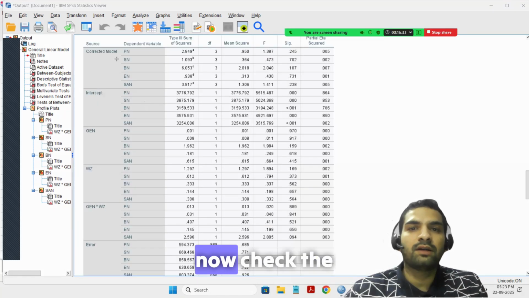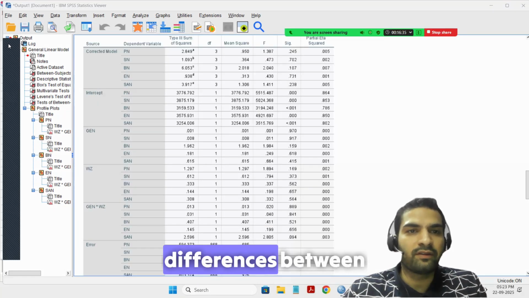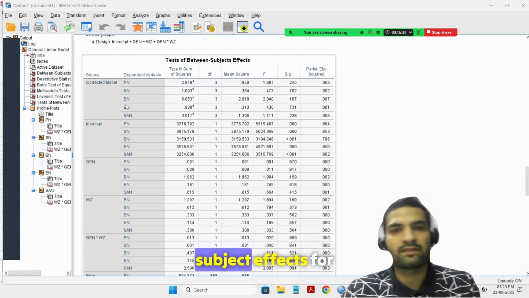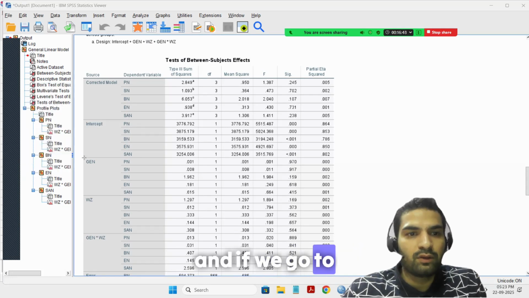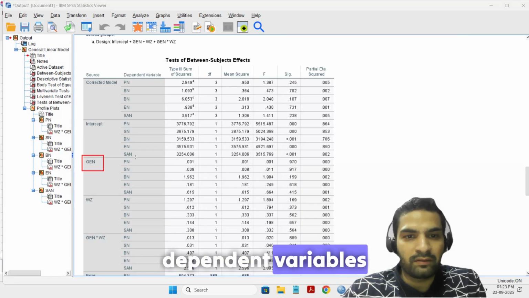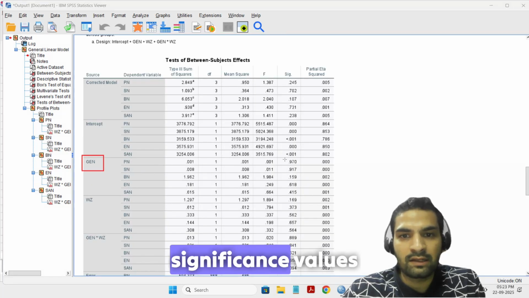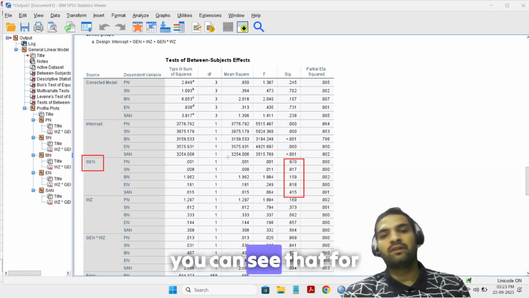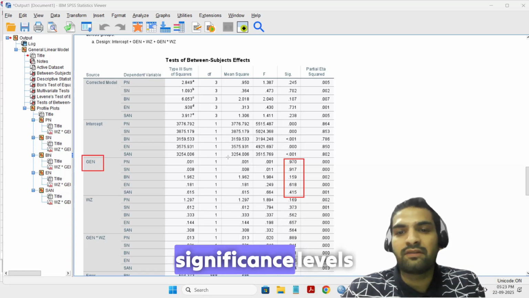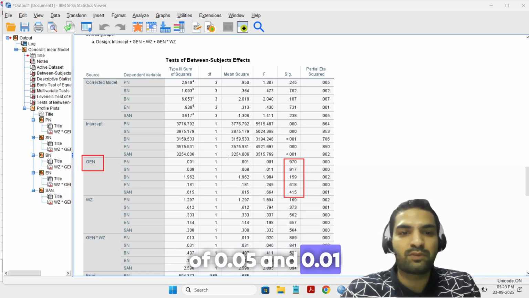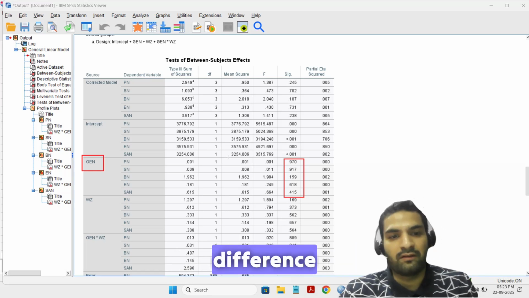ANOVA and MANOVA. Now I'll check the significant differences in the between-subjects effects for each dependent variable separately. If we go to gender, we have 5 dependent variables here, and if we look at their significance values, you can see that for all 5 dependent variables, they are way higher than our significance levels of 0.05 and 0.01. So there is no significant difference.